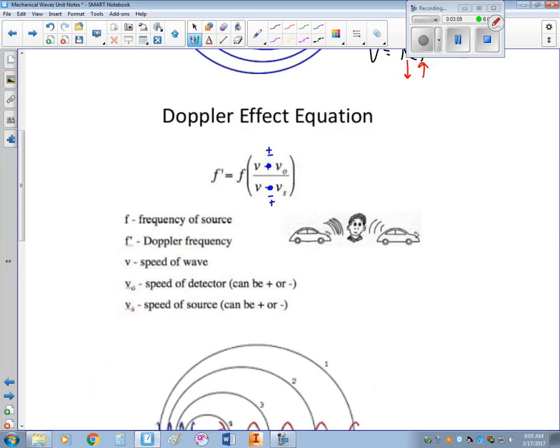And basically on the top here, you would use a plus when you approach the source. You'd use a minus when you move away from the source.